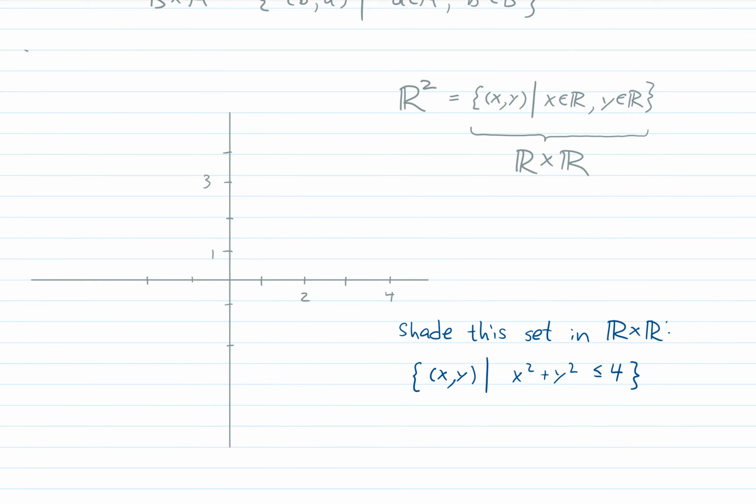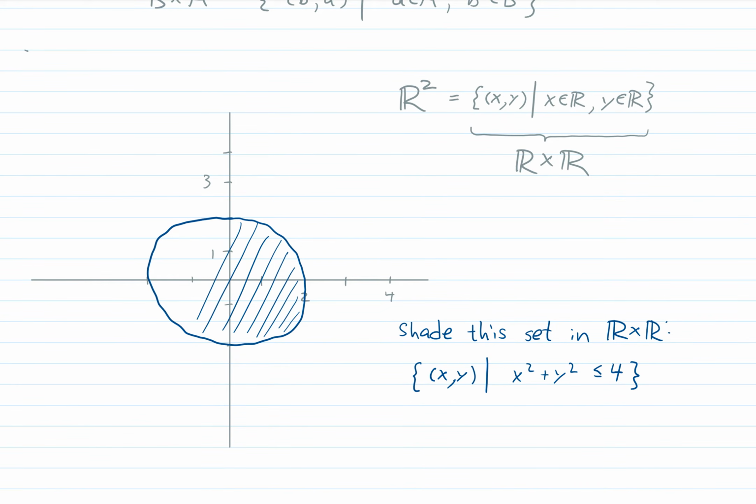The equation x squared plus y squared equals 4 is a circle centered at the origin with radius 2, right? That's x squared plus y squared equals 4. If x squared plus y squared is equal to or less than 4, then we get this disk. Okay?